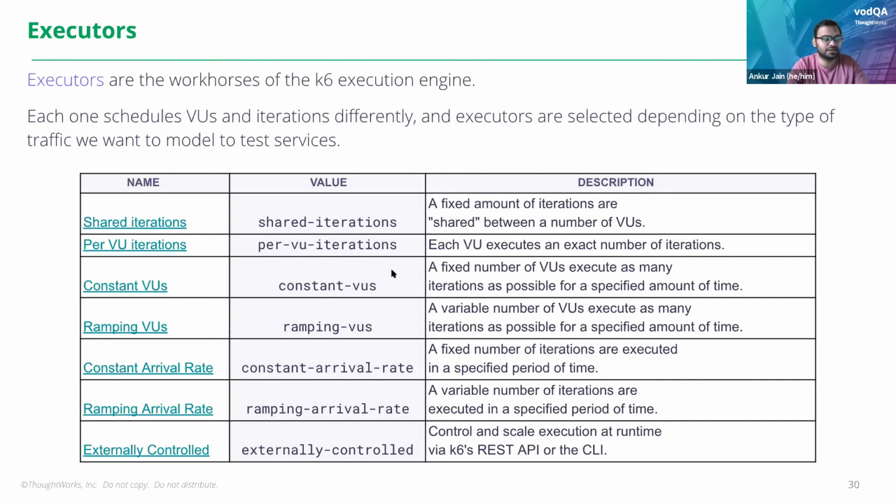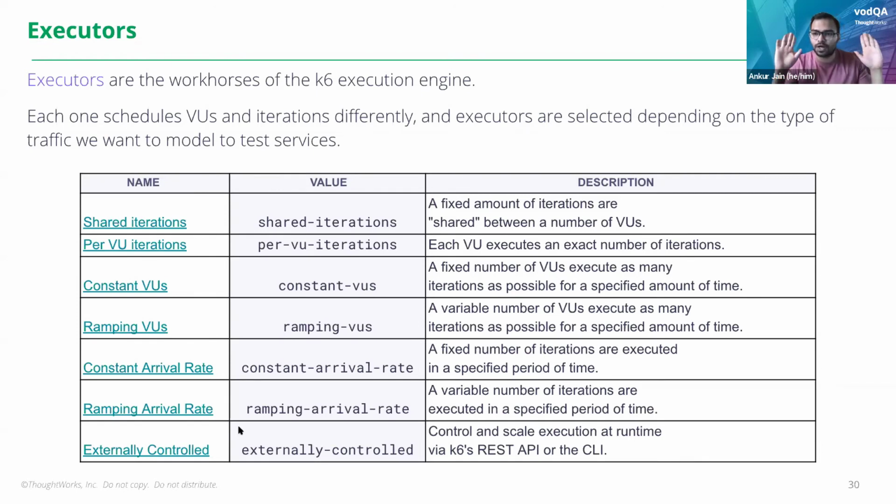There is shared iterations, where a shared number of iterations needs to be done by the virtual users. There is per-VU iterations, where each virtual user has a limited number of iterations to go through, and each of them goes through it.